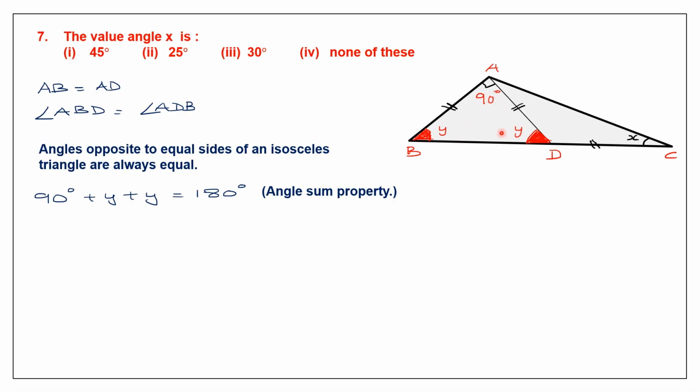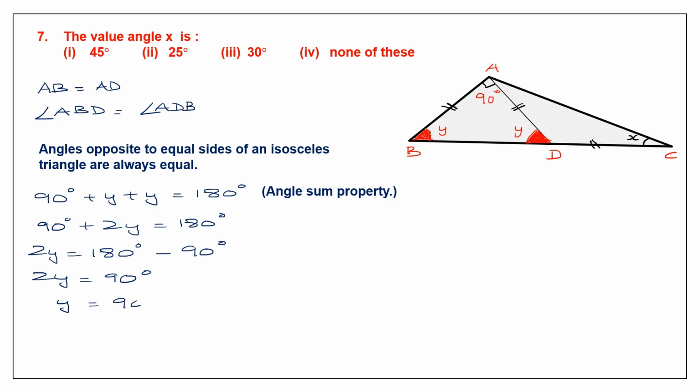It means that all three angles of a triangle equal 180 degrees. So 2y is equal to 180 minus 90 degrees, so 2y is equal to 90 degrees. That means y is equal to 90 by 2, which is 45 degrees. So we have found the value of y. Y is equal to 45 degrees.